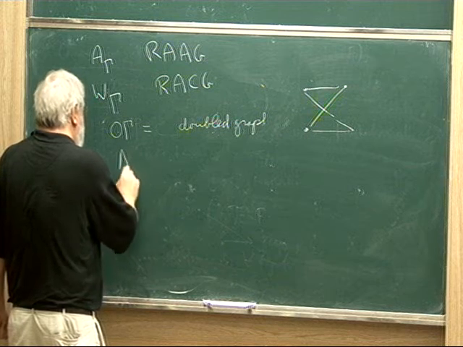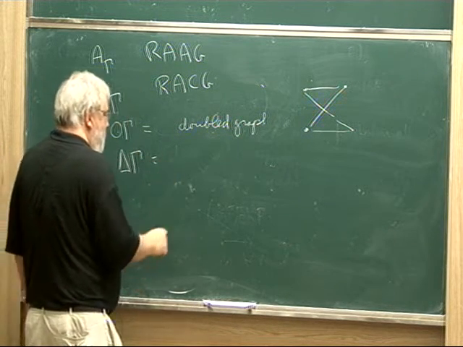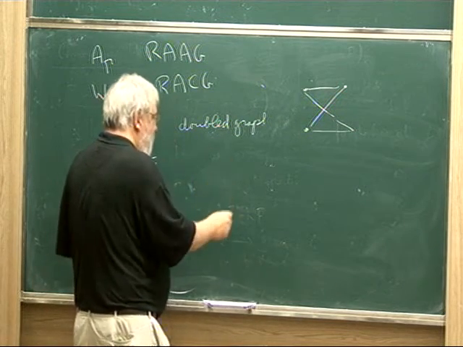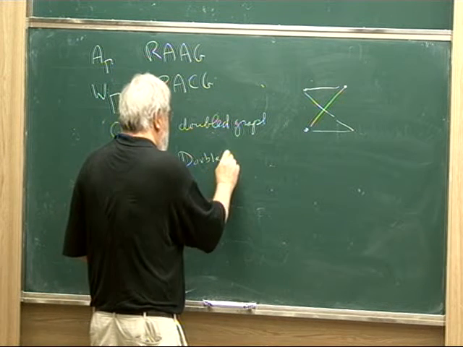On the other hand, I had something which I call delta of gamma, and I gave the wrong definition of this. The right definition was you double the vertices.